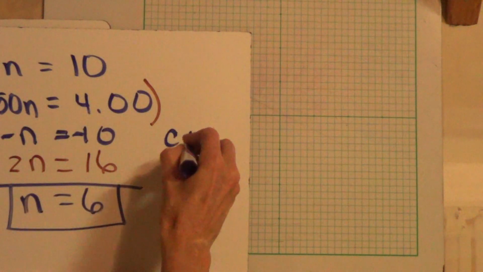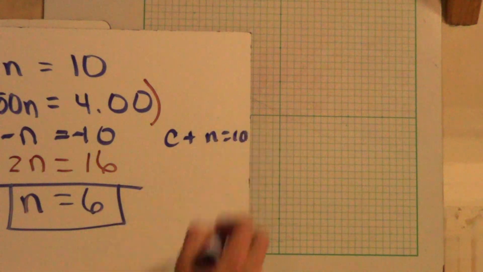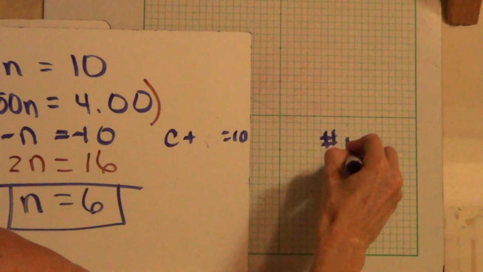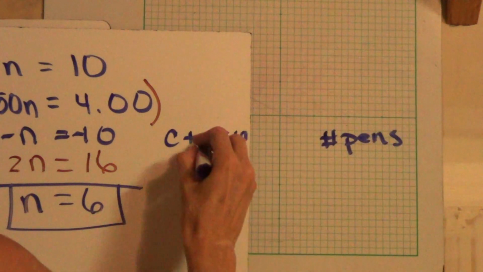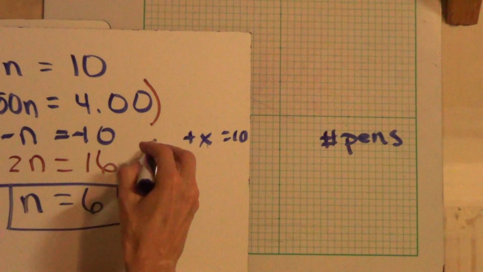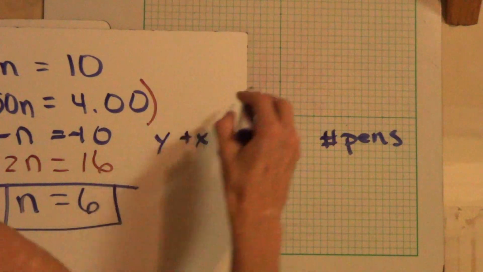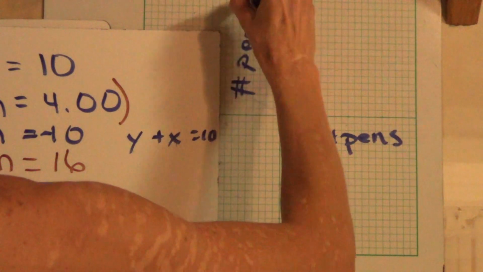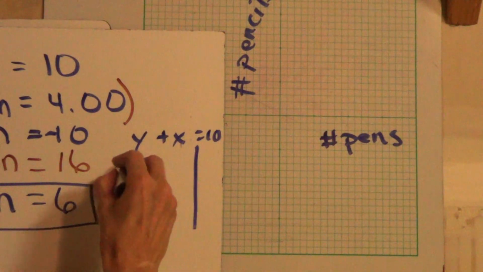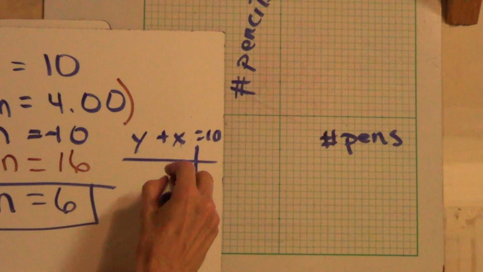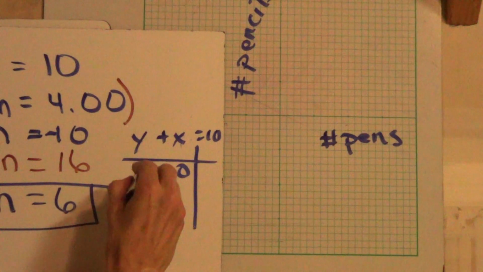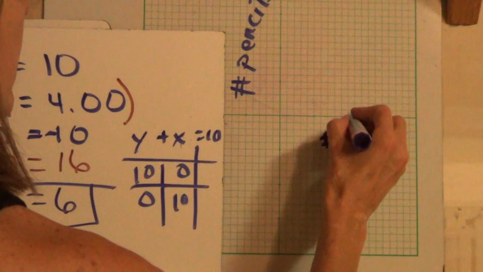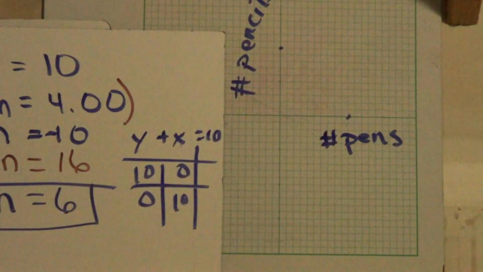So when I graph that, if I let the number of pens be my X, and number of pencils be my Y, then when X is 0, Y has to be 10, and when Y is 0, X has to be 10. So I know that I'm out here at 10, 10.